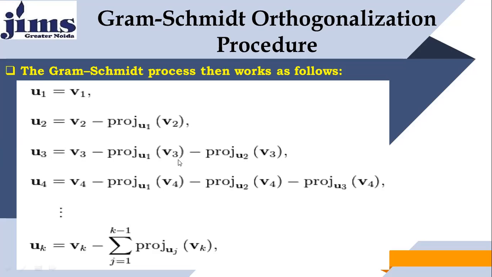So this is V3, this is V3, this is V3. Only difference is this U1, U2. So U3 is equal to, again, if you see the trend, V3 minus projection of V3 on U1, and the third term is again projection of V3, but this time on U2 instead of U1, isn't it?